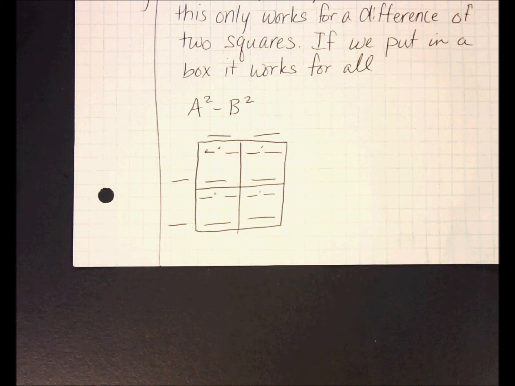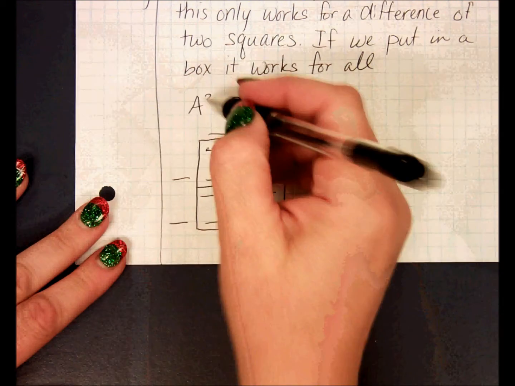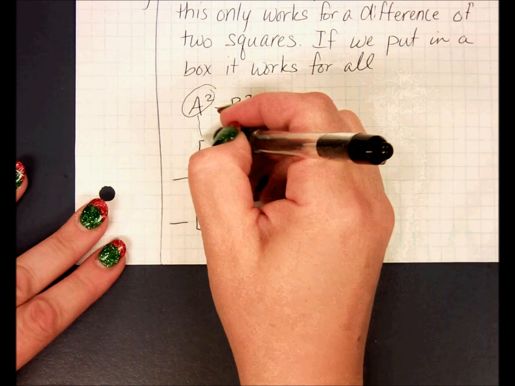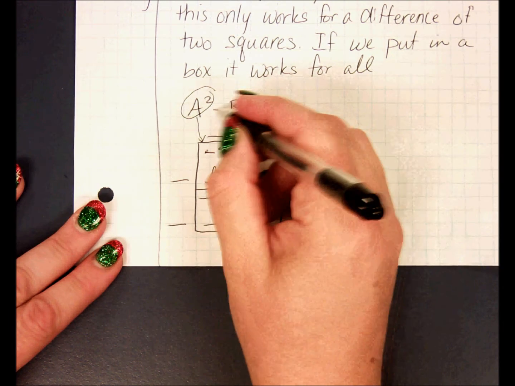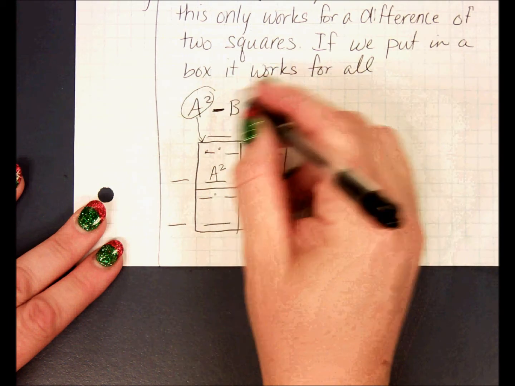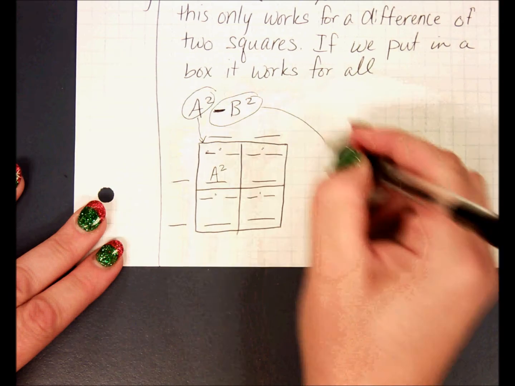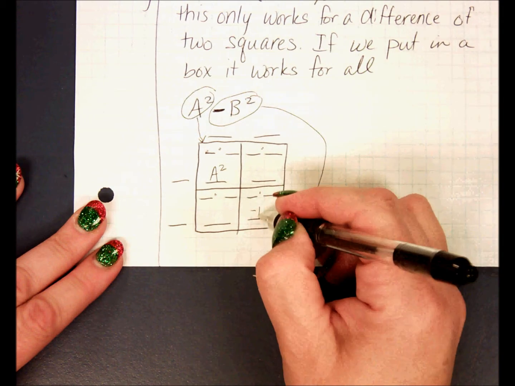So let's say we don't really remember much about chapter 5, and so we didn't see that whole a plus b times a minus b. Here's what we do. The first number goes in the first square. And the second number, and don't forget this minus is attached to the b, goes in the bottom square.